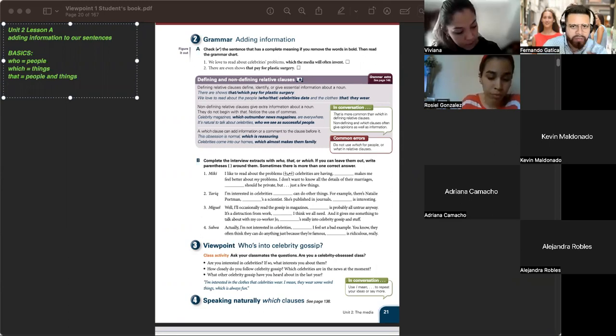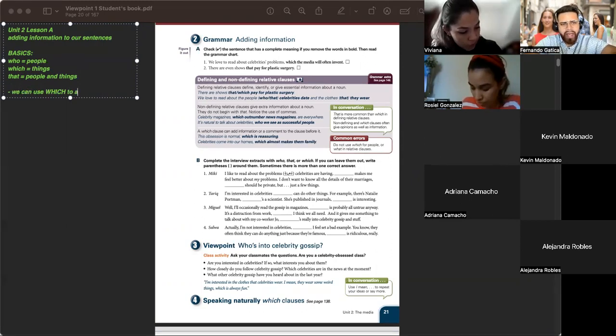And then there were some new things that we practiced. One thing is that we can use which to add an opinion or comment about a situation.